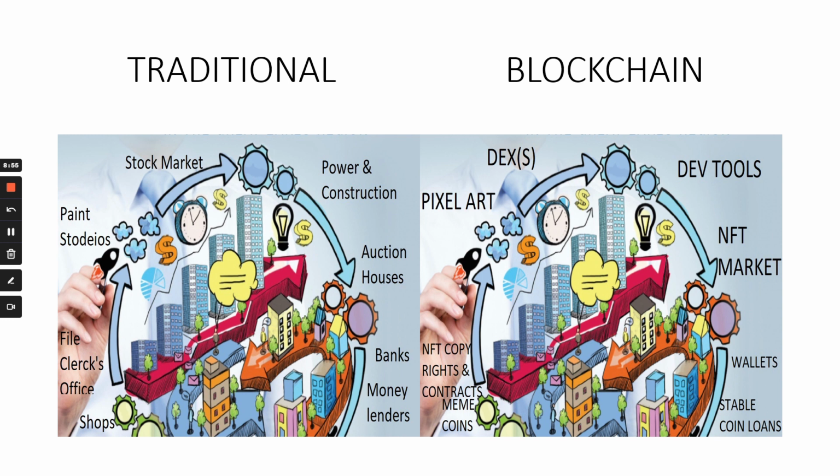Meme coins, well, just random shops where you buy a knickknack. Then money lenders. That's the stablecoin loans. Think Visa, except not. But banks are wallets. Like if you ever have an app for your bank, well, that's your wallet for your bank. A wallet is just your app for your blockchain bank account. That's all. All right, cool.